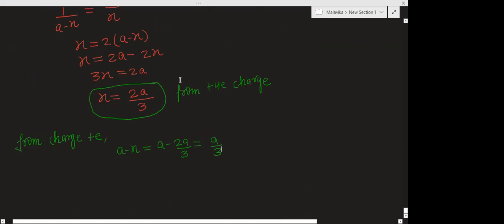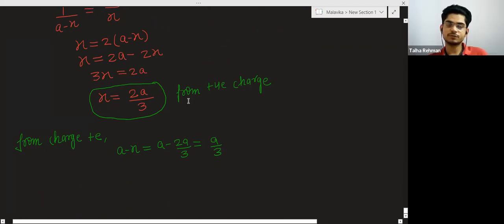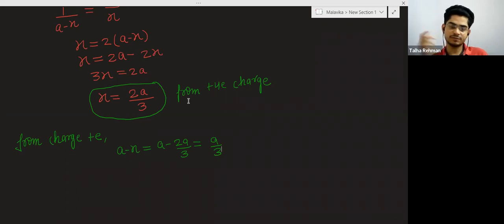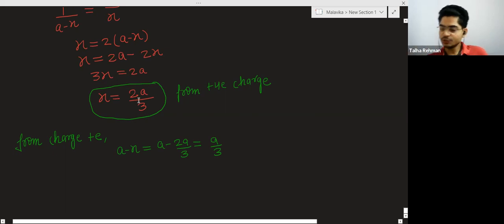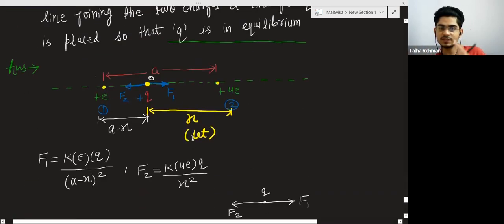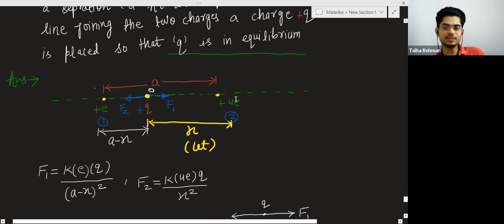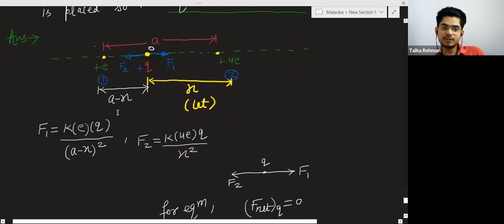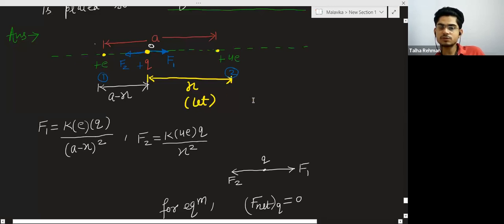Yes, sir. Actually, even I was confused when I was in 12th. I was confused about from where we have taken the distances, from this charge or from this charge. But simply you should consider a distance from any charge. Here we have considered the distance x from the plus 4e charge, and someone can take the distance x from the other charge also.